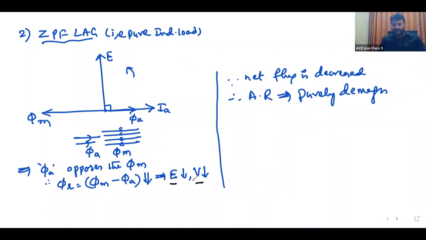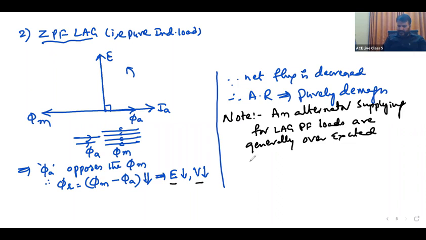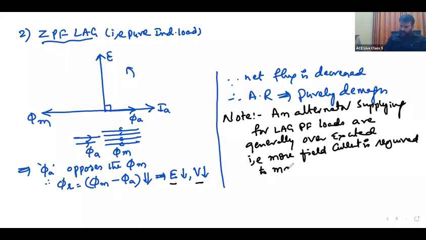As load increases, voltage decreases, but to compensate for the voltage drop, the field current has to be increased. More field current, overexcited. So the statement is: an alternator supplying lagging power factor loads is generally overexcited, and more field current is required to maintain the rated terminal voltage.